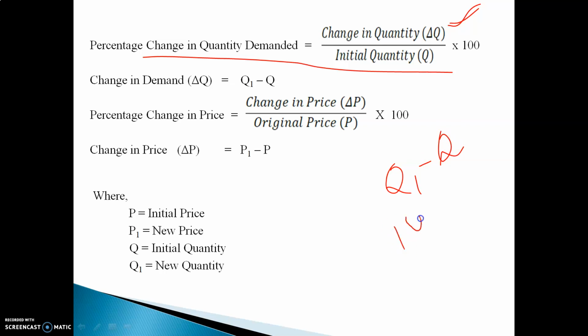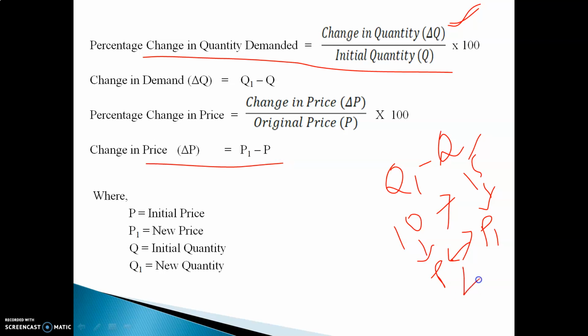Initially the price is 10 per unit, and the price has increased to 15. So this changed price will be P1 and the initial price will be P. The difference is known as the change in the price level, denoted by delta P.